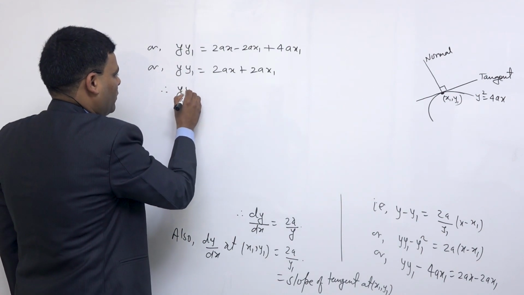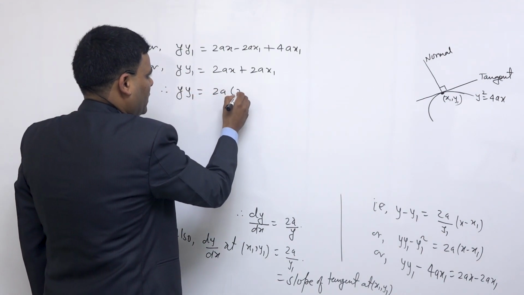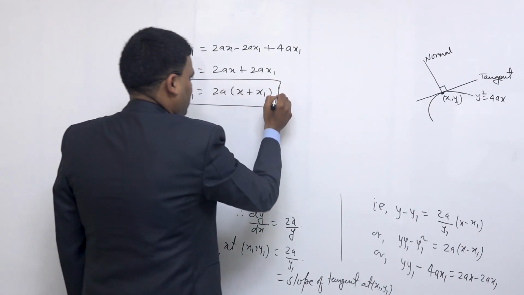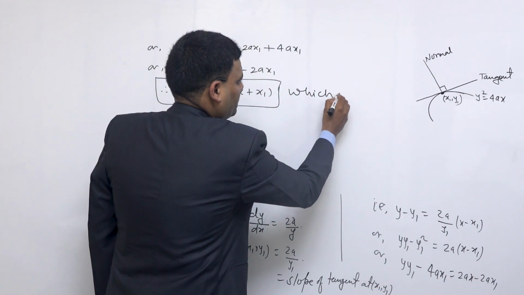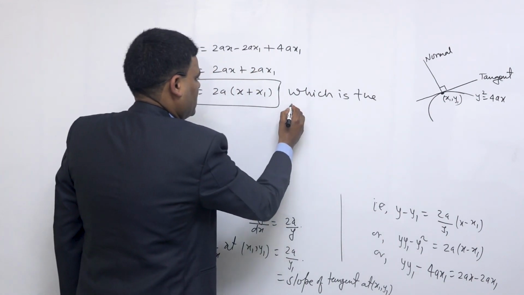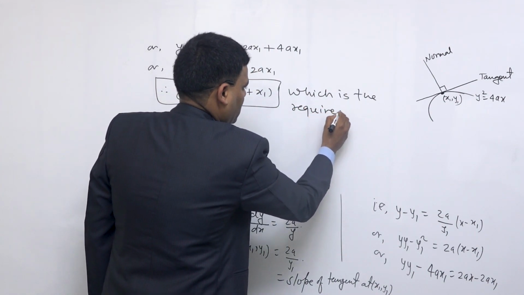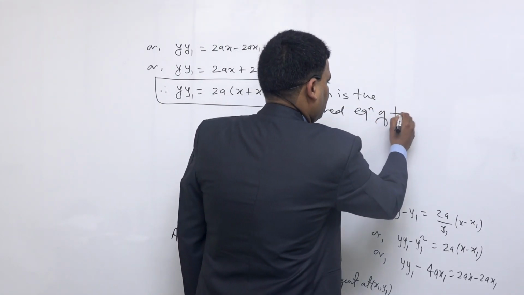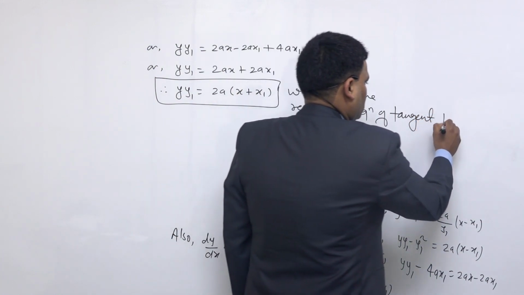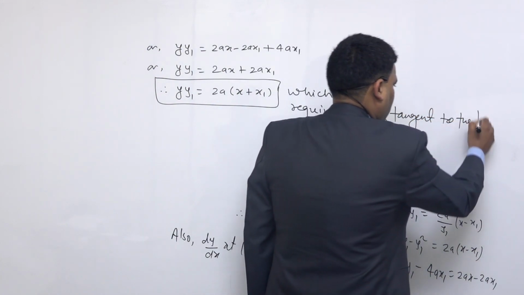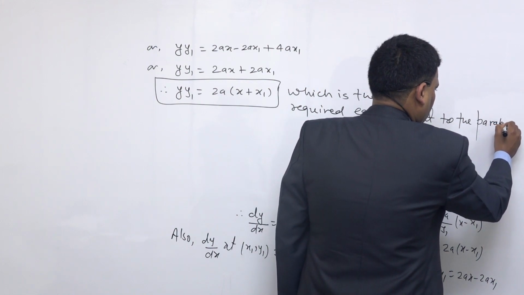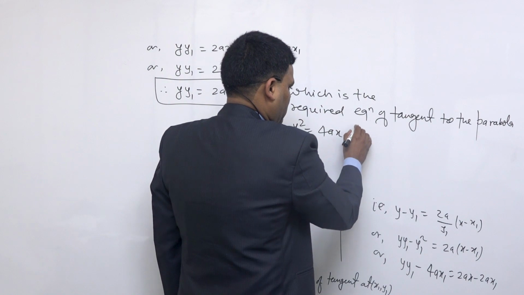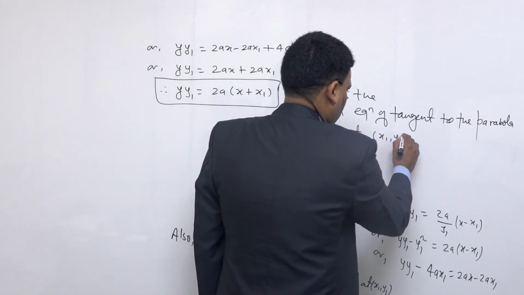Therefore y y1 equals to 2a into x plus x1, which is the required equation of tangent to the parabola y square equals to 4ax at x1 y1.